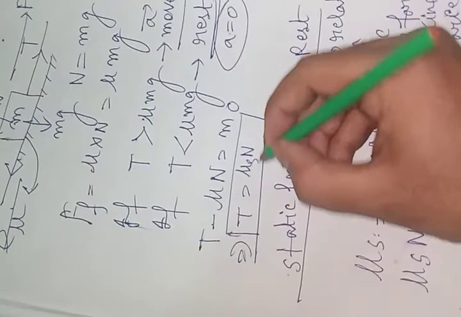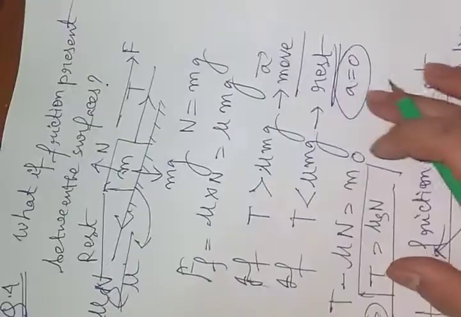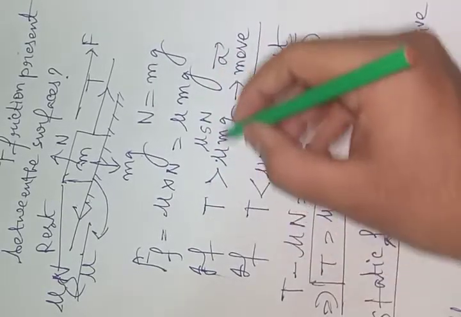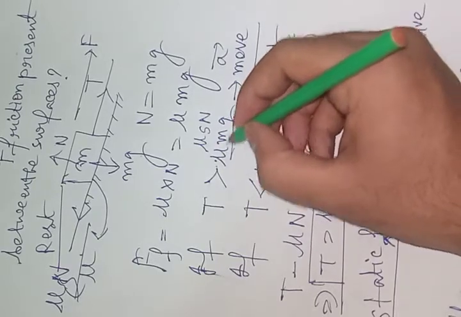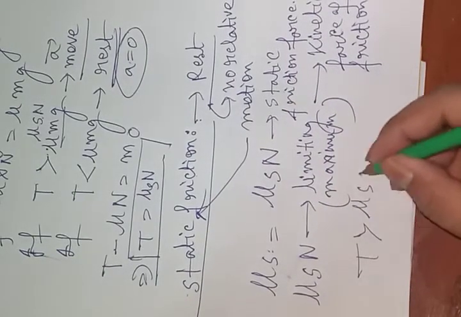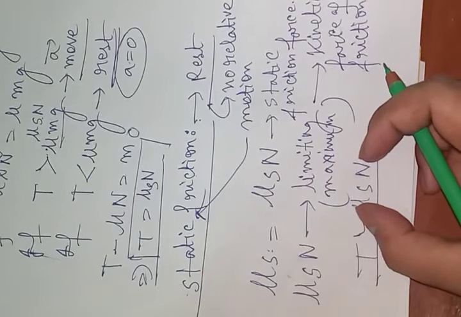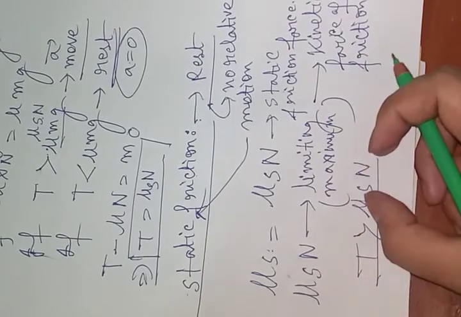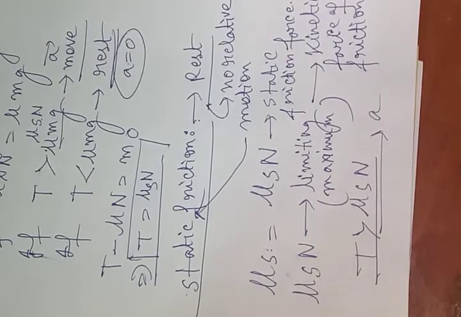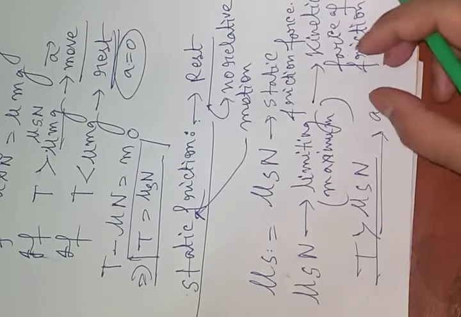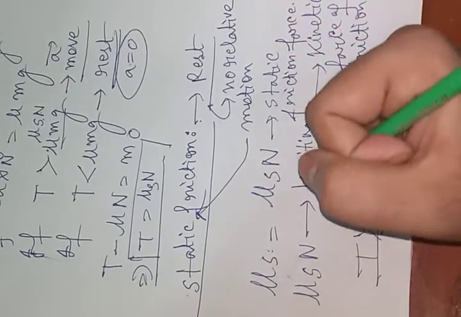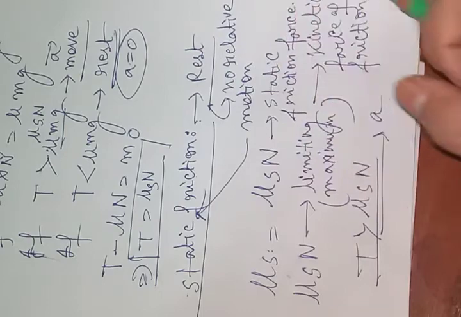If T is greater than mu s n, where we can say that mg is n, and the tension force crosses the maximum value of the static friction force, the block will simply move with an acceleration in the direction in which the force has been applied externally on the body.